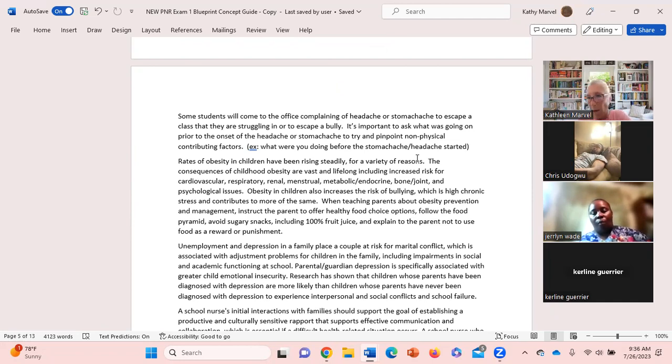What's going on prior to the student coming to the clinic? Are they in a certain classroom that ends with harassment? Are they going to a classroom that they know they're going to be harassed in? So it's important to know what's going on prior to the onset of whatever their headache or stomach ache they're complaining about.